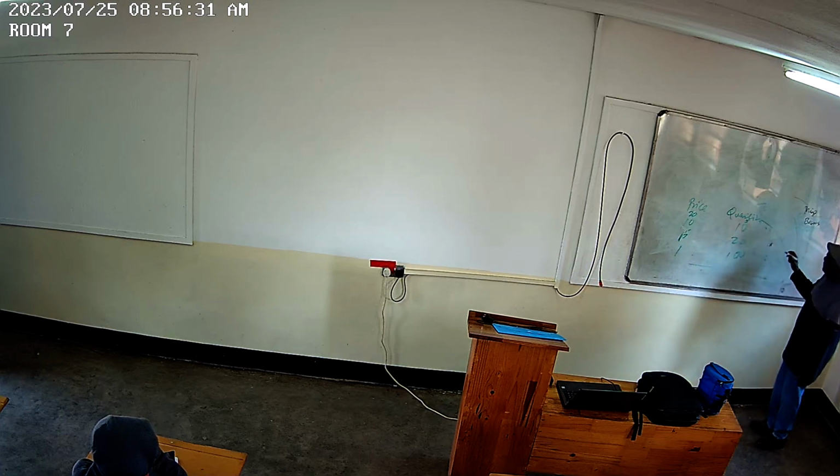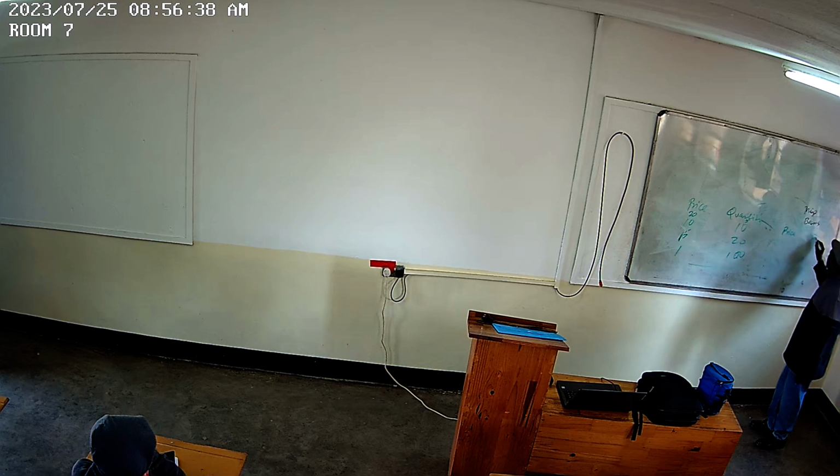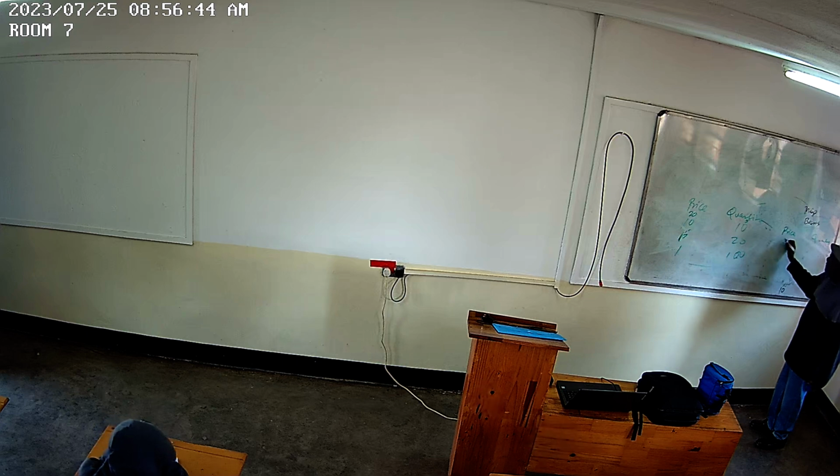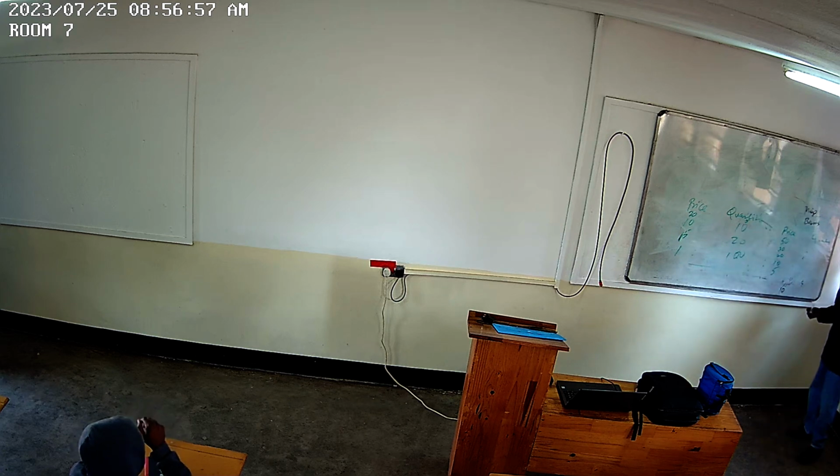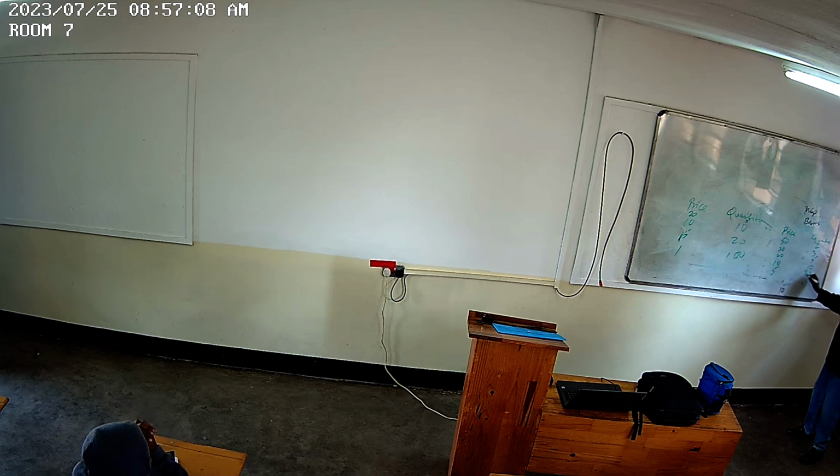So if we were more consistent in constructing this, for example, we would have something like 50 kwacha, 20, 10, 5, like that. And the quantity will go like 2, 3, 5, 10, 20, like that.